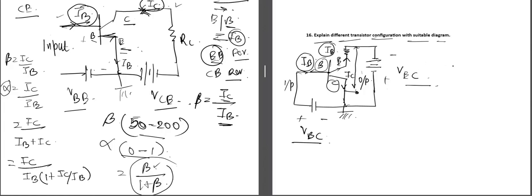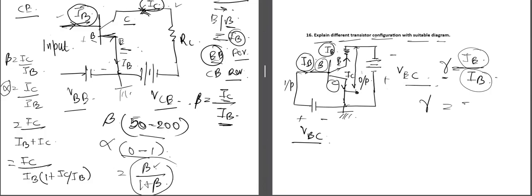The current amplification factor is the output current IE divided by the input current IB. As we know, the value of IB is very small and the value of IE is very large. So the current amplification factor, denoted by gamma in this case, is very large.